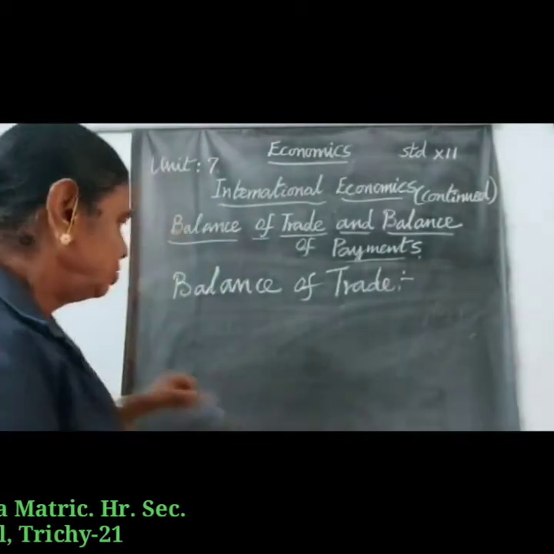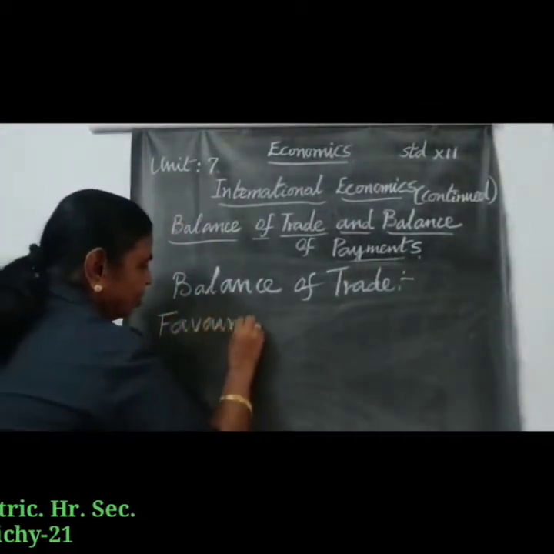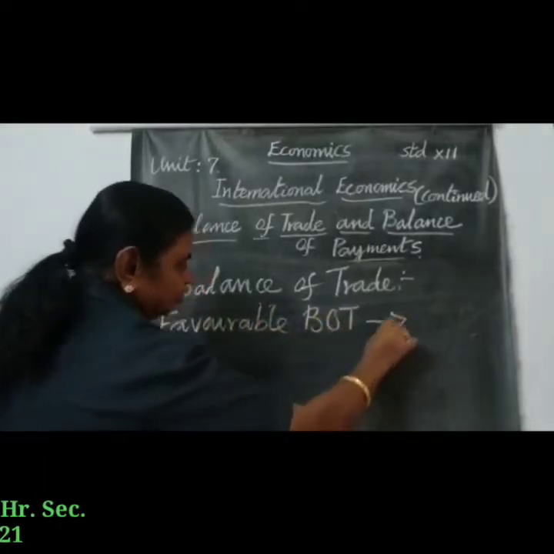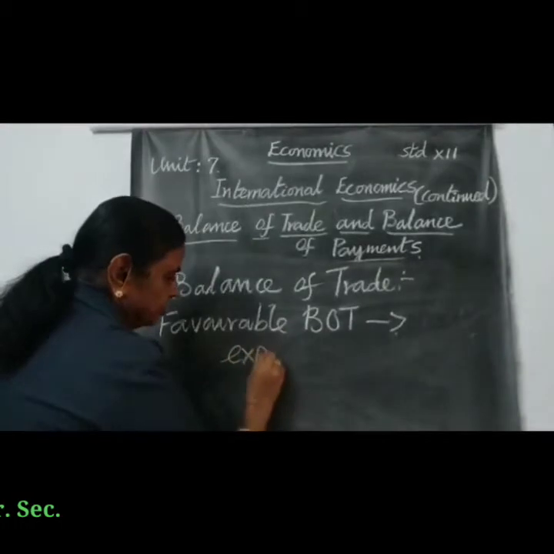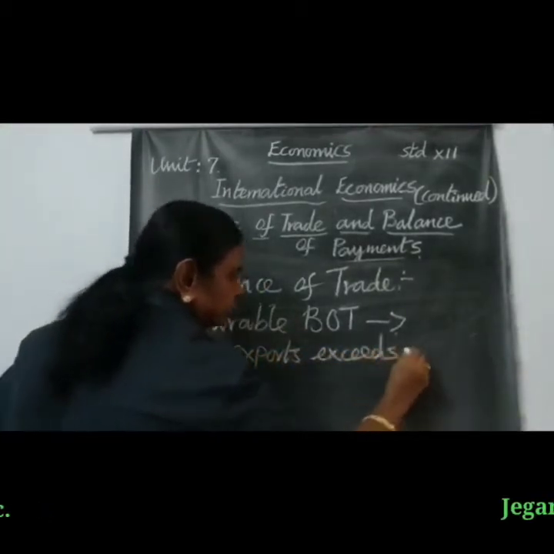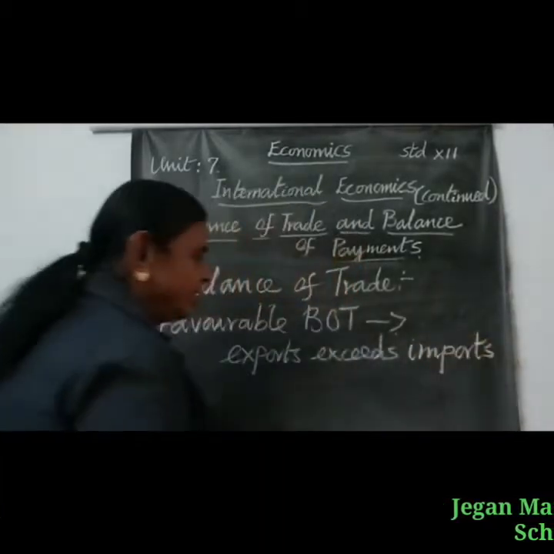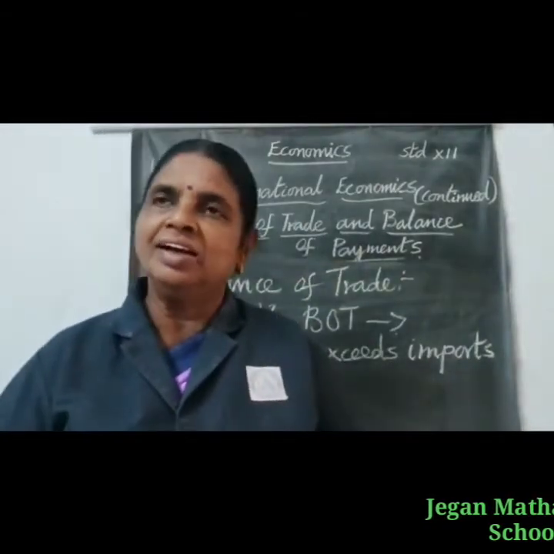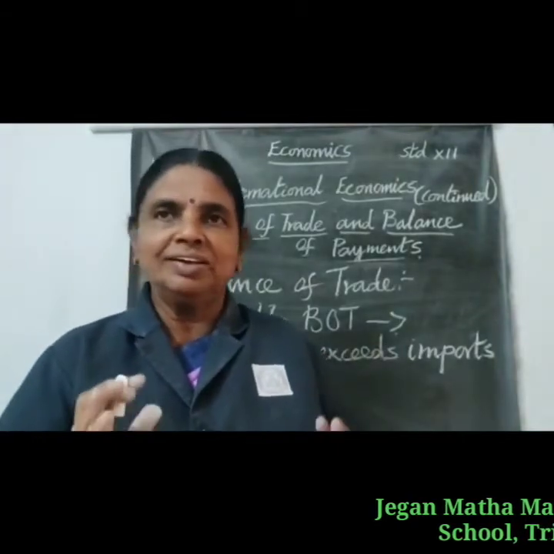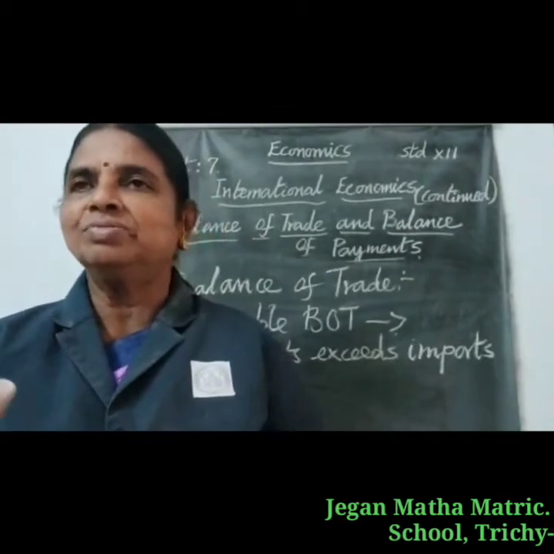Under favorable balance of trade, exports exceed imports. So if exports of commodities of a country exceed the imports of commodities of that country, then we can easily say that that country enjoys favorable balance of trade.